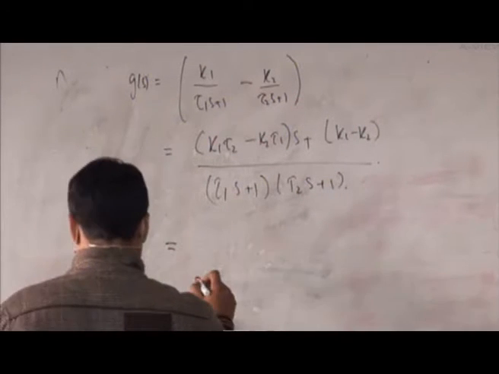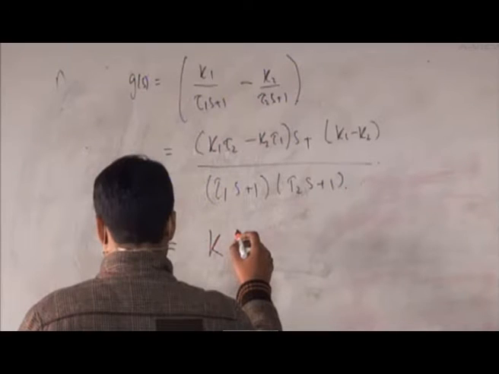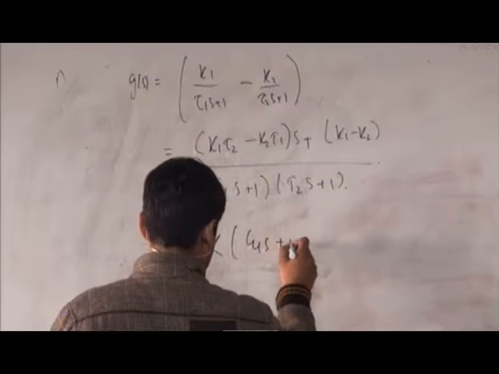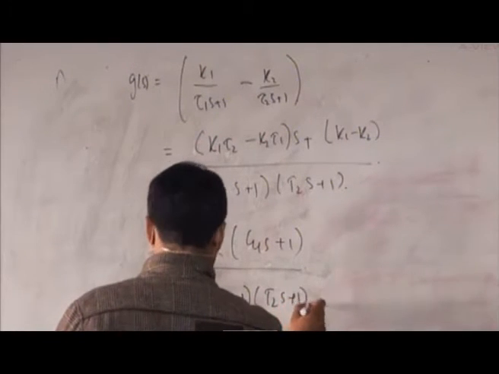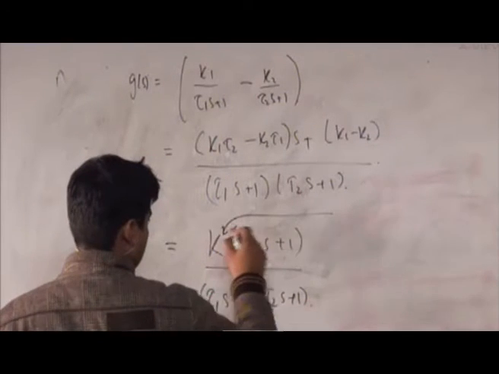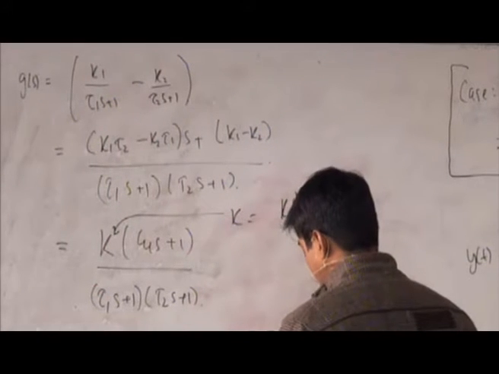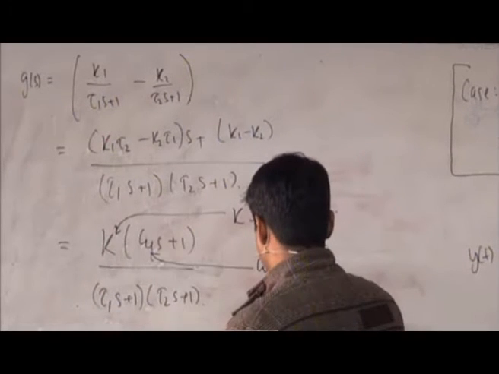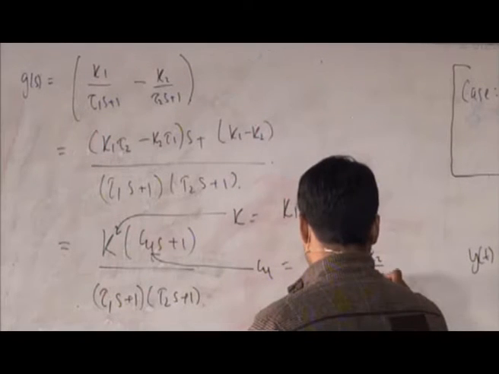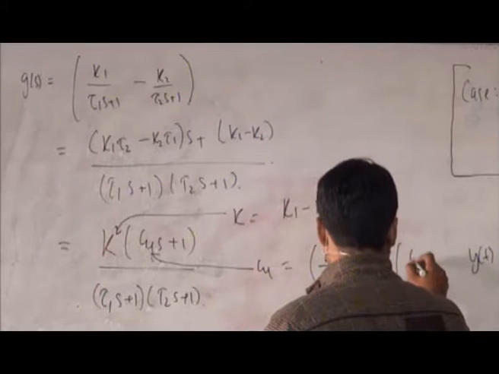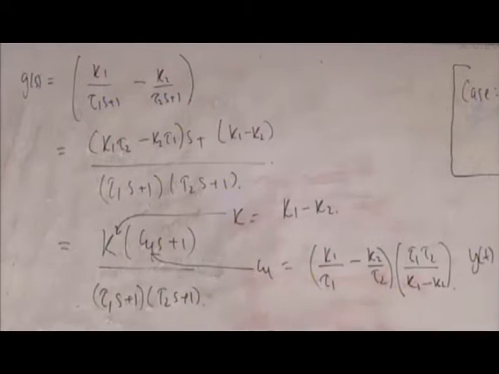I could simplify it more by representing it in the form of a second order system with a first order numerator, where this k is k1 minus k2, and this z is given by this expression.